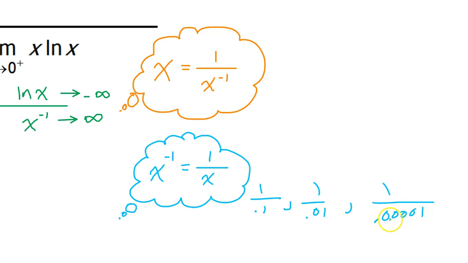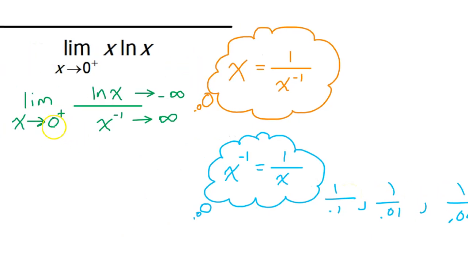As the denominator gets closer and closer to 0, the value of this fraction is getting bigger and bigger and bigger. 1 divided by 0.00001 is actually a really big number. So, as x approaches 0 from the right, x to the negative 1 power approaches infinity. This counts as infinity over infinity for L'Hopital's rule.